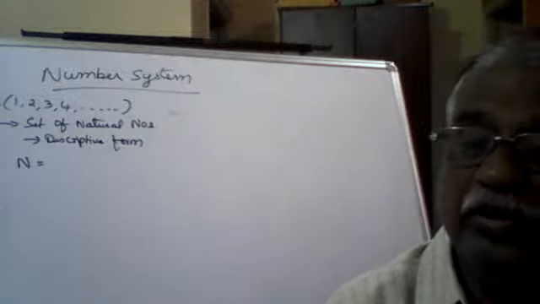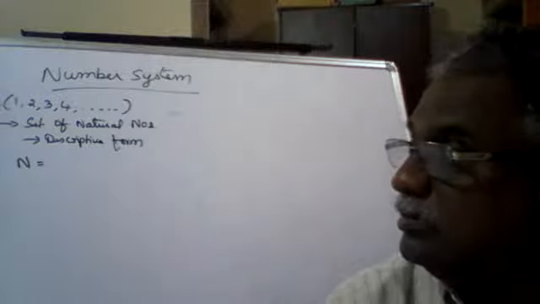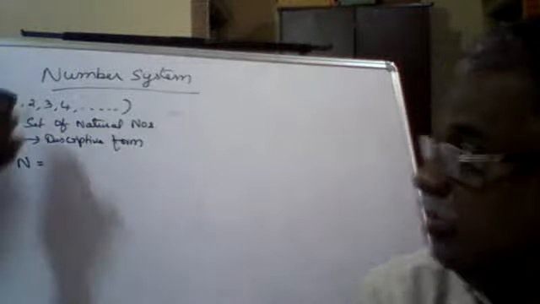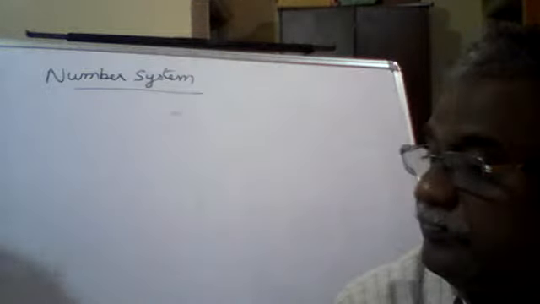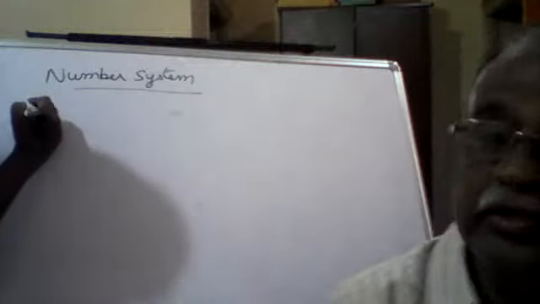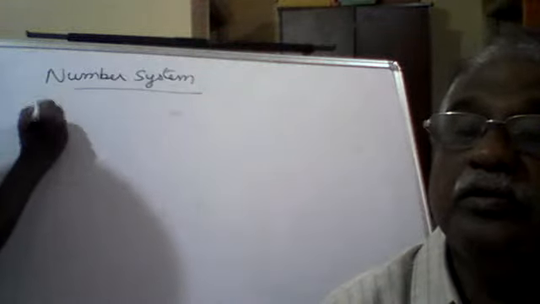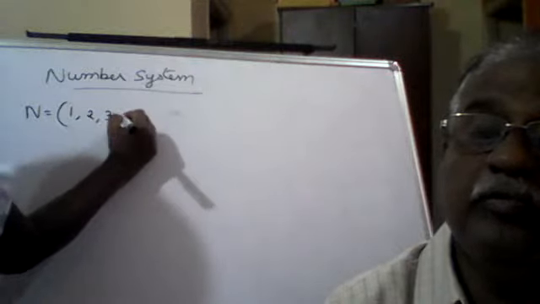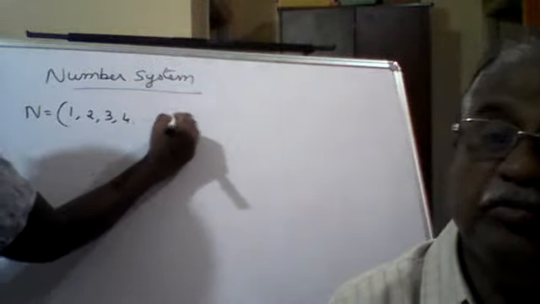I think that N is not visible. Now you can see it. N is equal to 1, 2, 3, 4, 5, 6. Tomorrow we'll make it more neat.